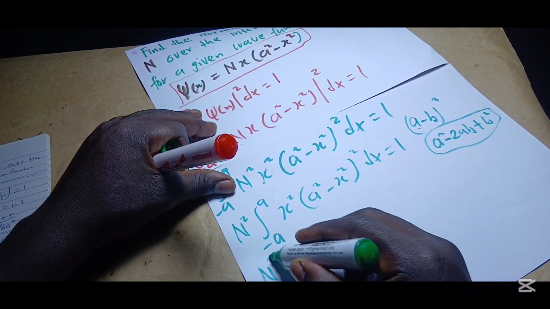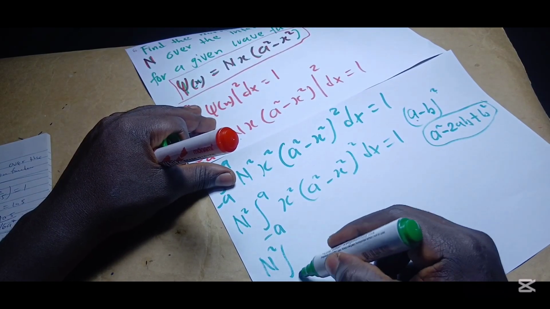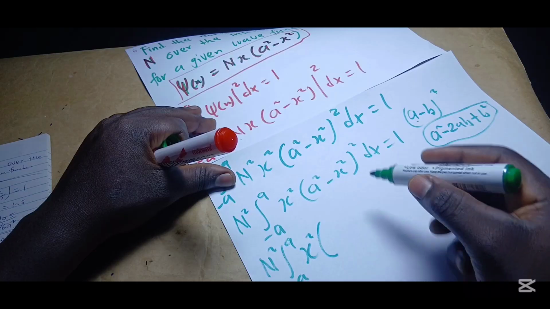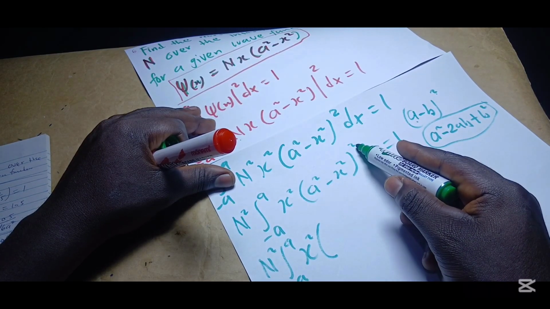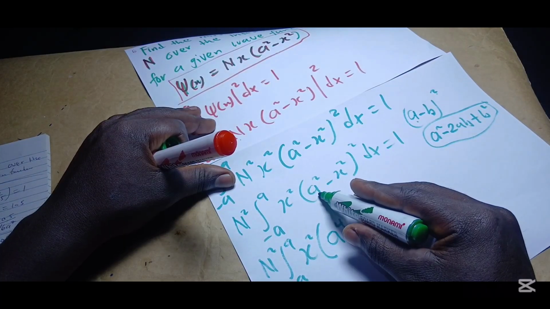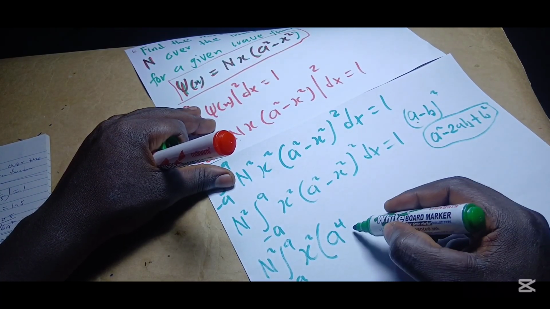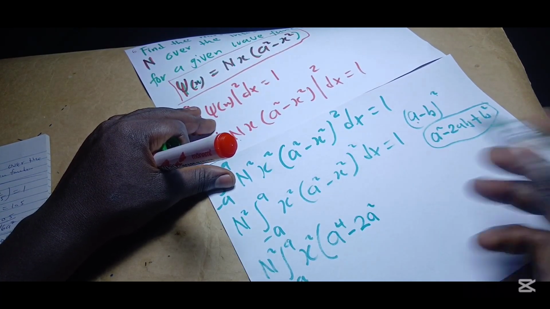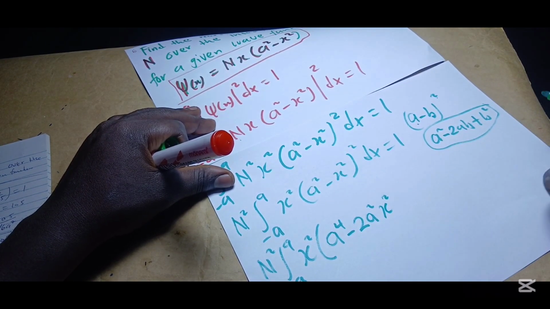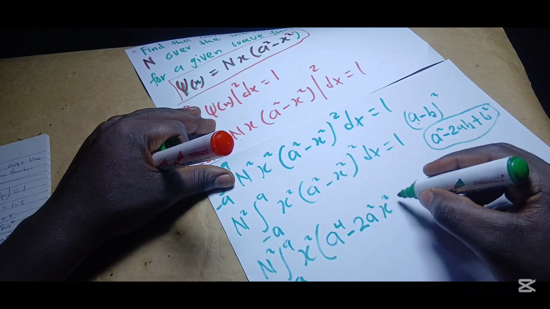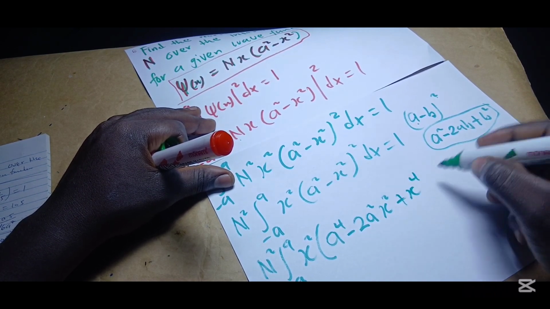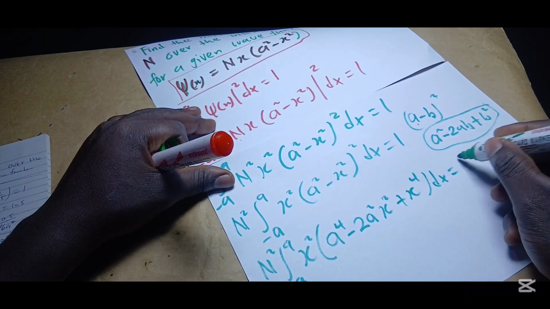We are going to get N squared integral from negative a to positive a, x squared into bracket. So a squared to the power 2 again gives us a to the power 4. Then 2 multiplied by a squared multiplied by minus x squared gives us minus 2a squared x squared. And now we square the last term, x squared to the power 2 gives us positive x to the power 4. Then dx equal 1.